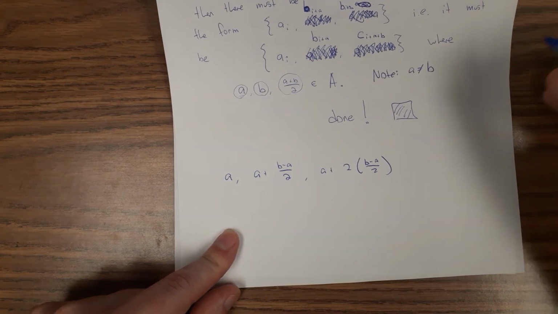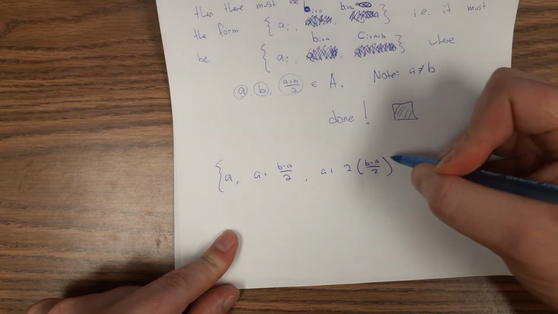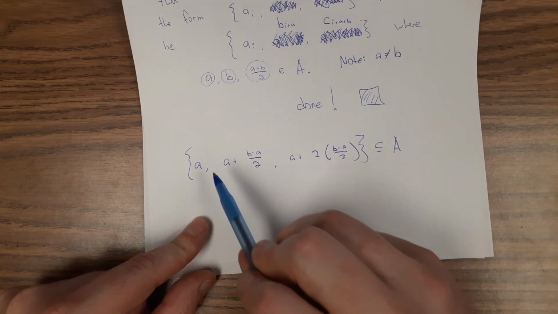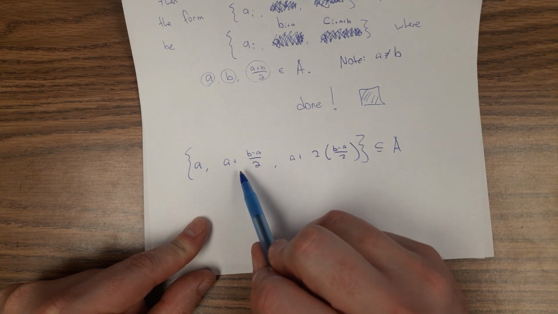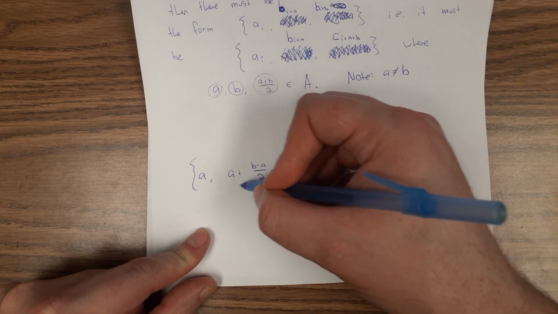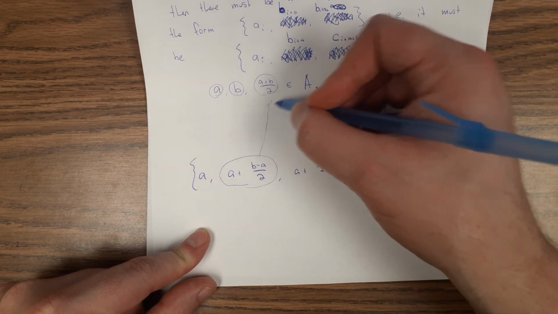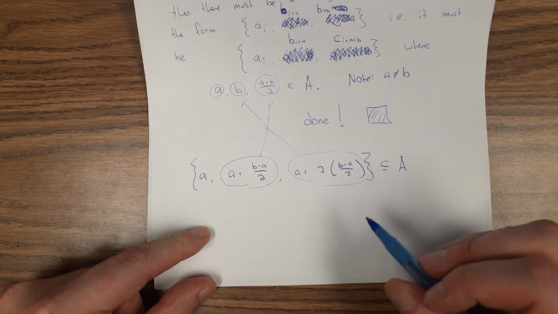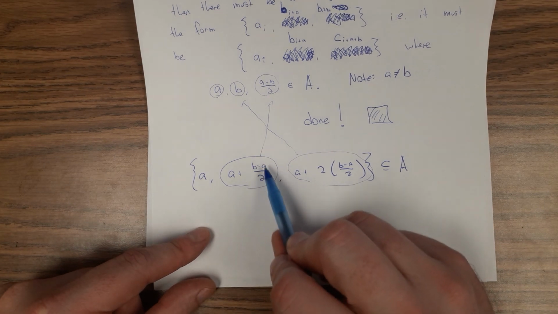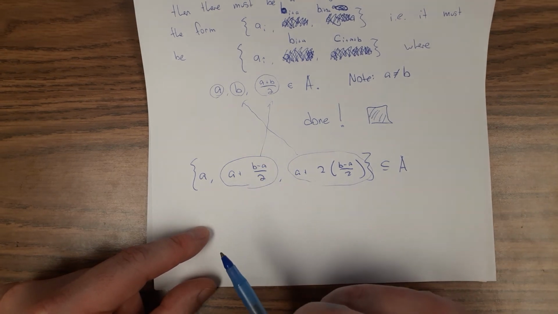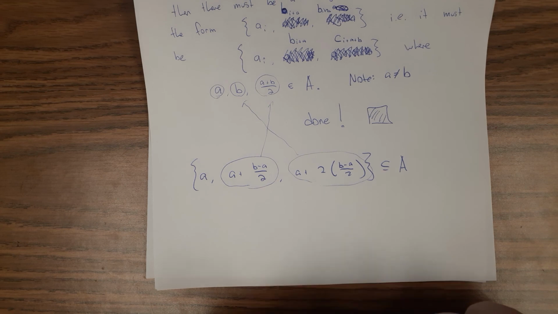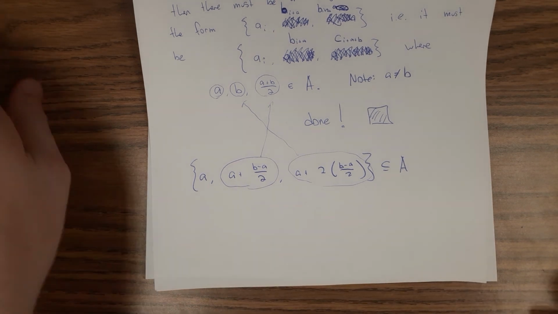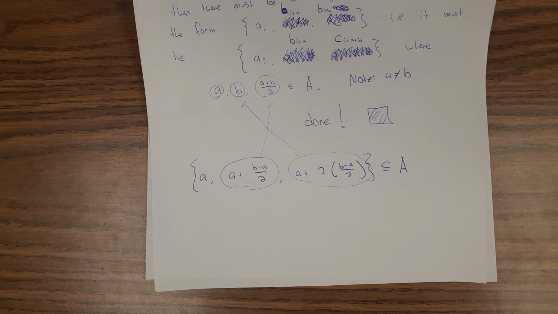So this is like an arithmetic progression that's contained in A, and this one is the same as this one, and this one is the same as B, and so this is like the value of D for your arithmetic progression, just in case you didn't see it. But yeah, so that's it. We proved Roth's theorem.